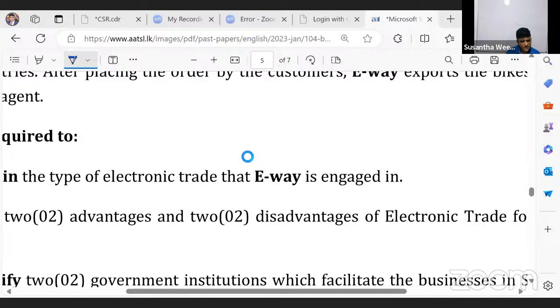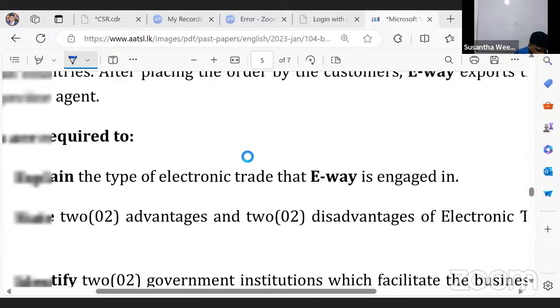The manufacturer sends the particular order via their agent. Finally, the transaction takes place between the business and the consumer. That is to be identified very clearly.